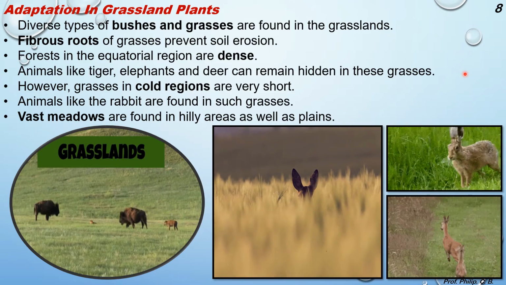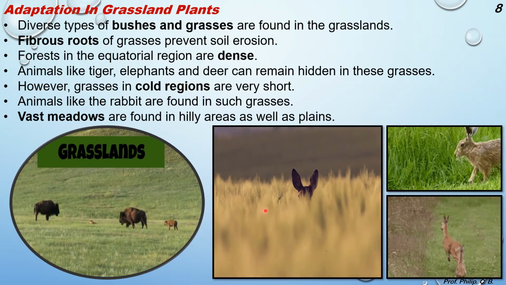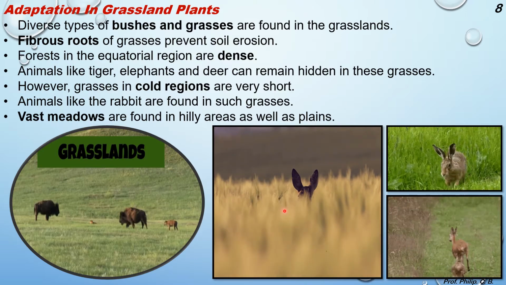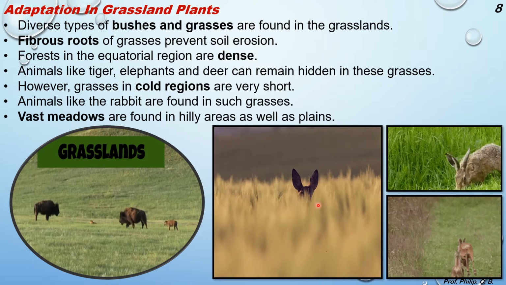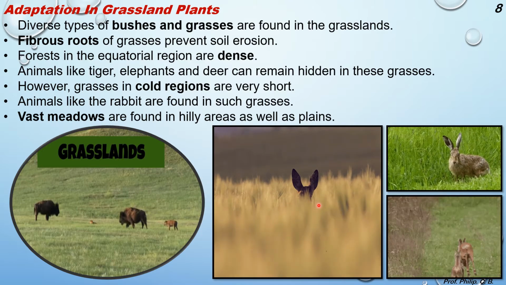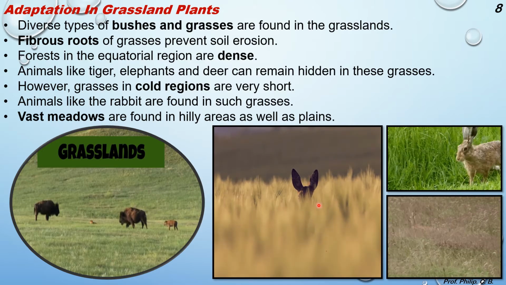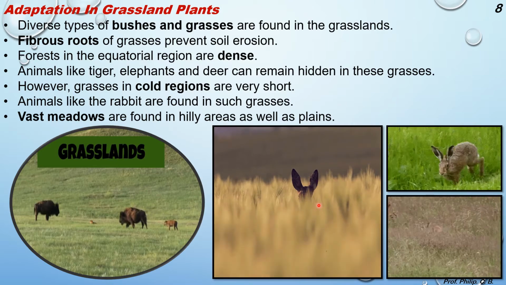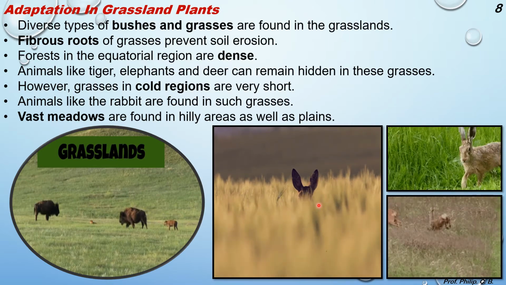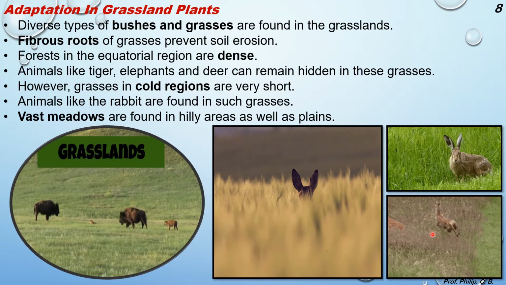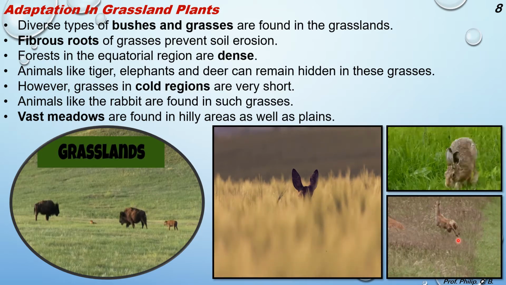Now you can see in the image where tall grasses are there. In between you can see a deer with long ears trying to see whether any predators are present. So in case of any movement, they escape into the grasses, so they will not be seen, which you can see over here, two deer running and jumping into the grasses.